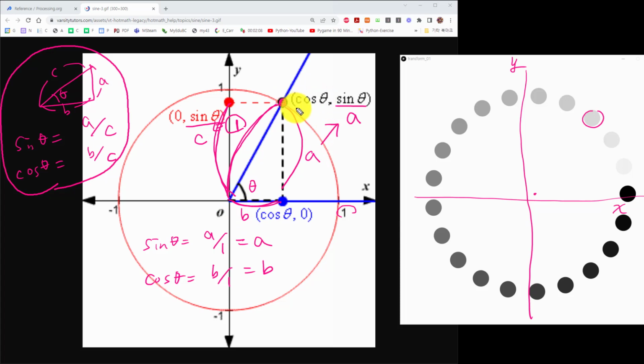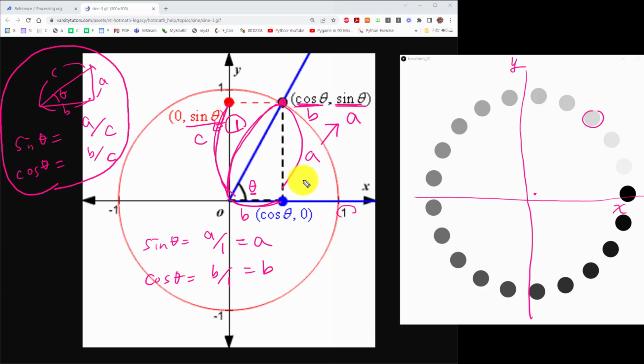So if you know the angle from the x axis, you can know the x and y coordinates using sine and cosine. x will be cosine theta, y will be sine theta.